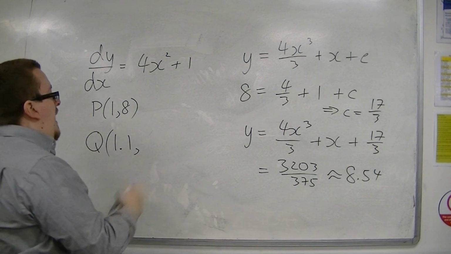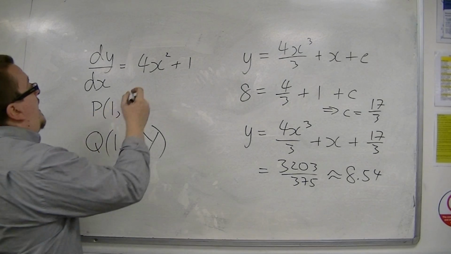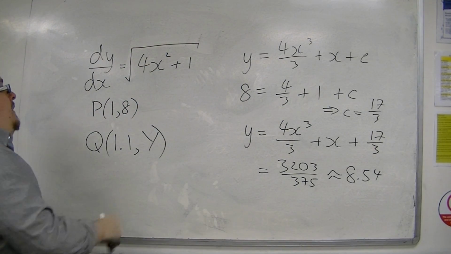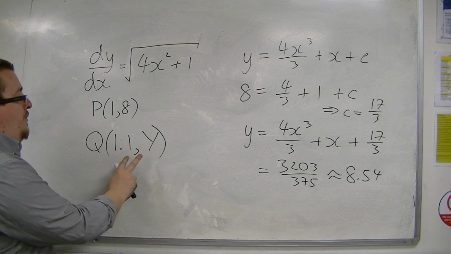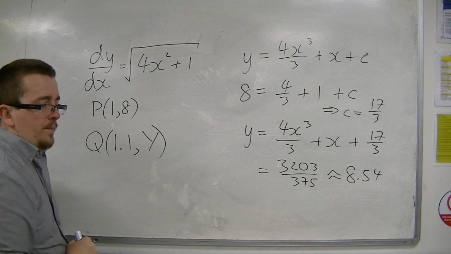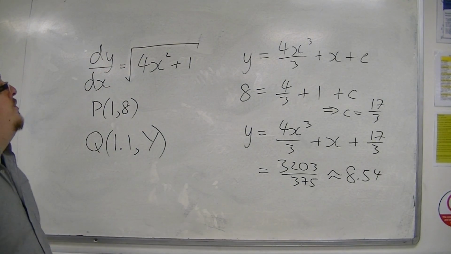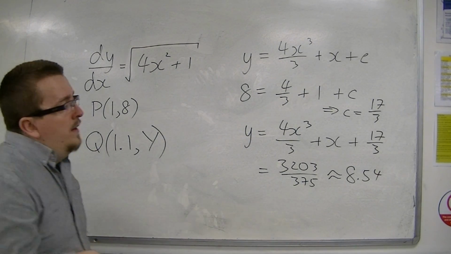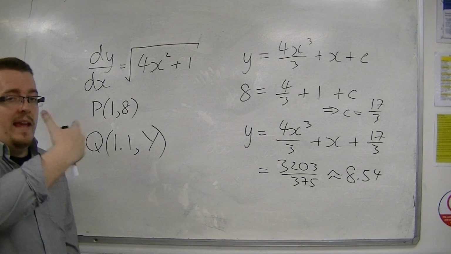Okay? However, if we were looking at the square root of 4x squared plus 1, and I said that P (1, 8) lay on the curve, and I wanted to find the y coordinate of Q, then we hit a problem, because we need to be able to integrate the square root of 4x squared plus 1. We are not currently at a stage where we can analytically integrate that.